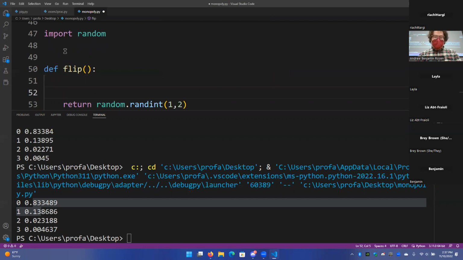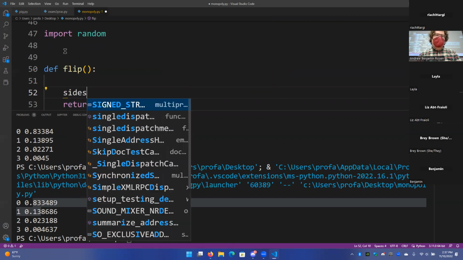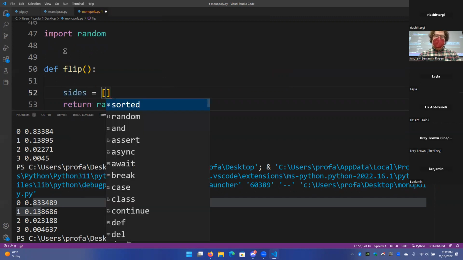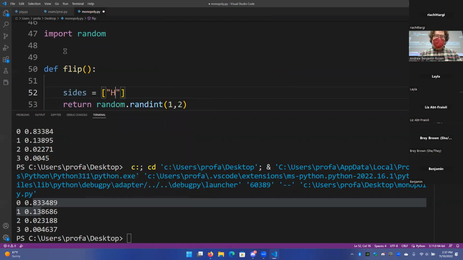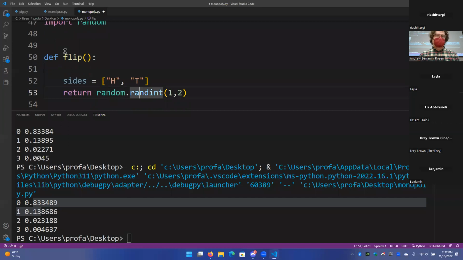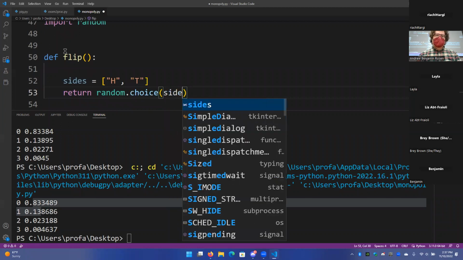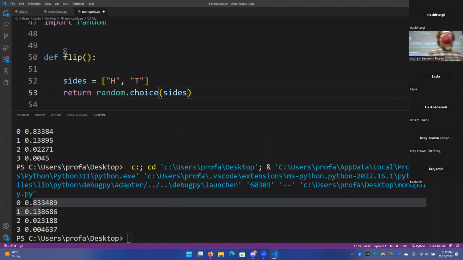So here, I'll create a sides variable and a list that has a head and a tail in it, 2 items. And I'll use the random.choice that I talked about earlier and choose one of the sides, head or tail.